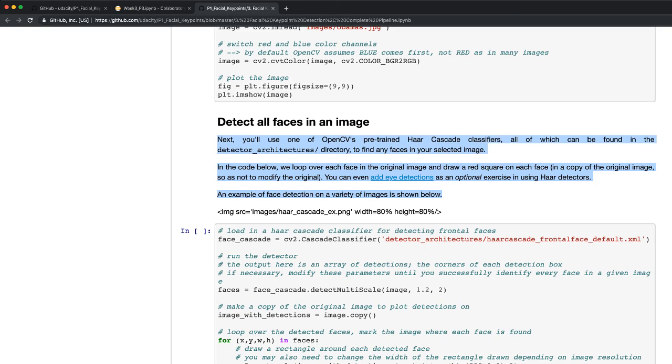You don't always need an end-to-end solution. Here, Haar cascade classifiers detect the faces in a super efficient manner, fast on your CPU, a proven method.